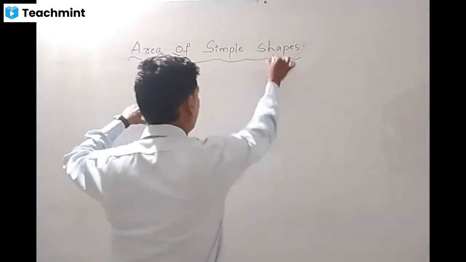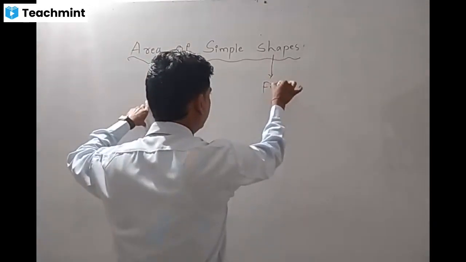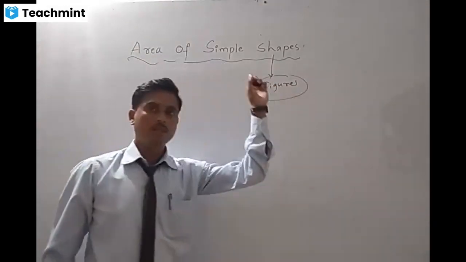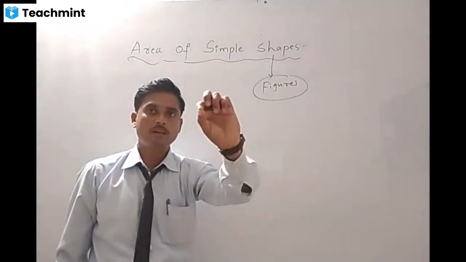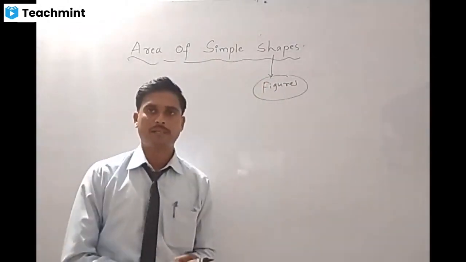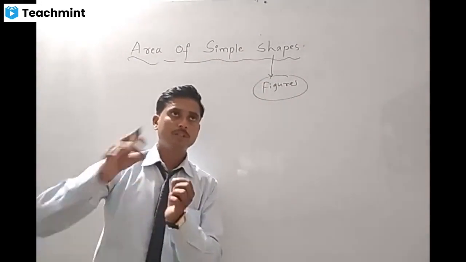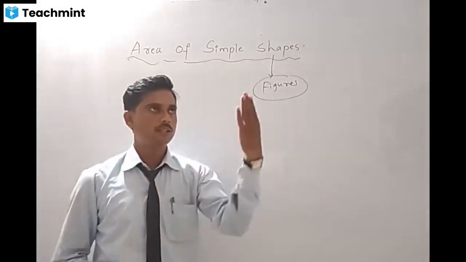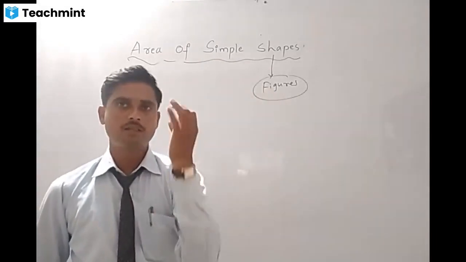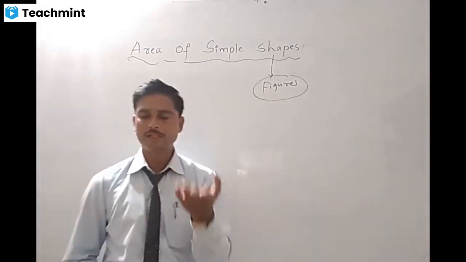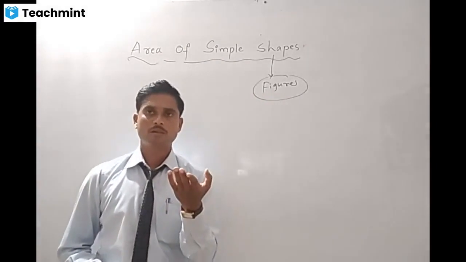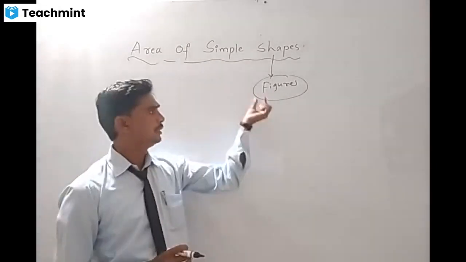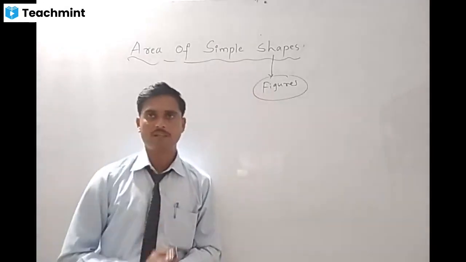Another name for shapes is figures, meaning geometrical figures. Simple geometrical figures means triangle, rectangle, circle, and square.